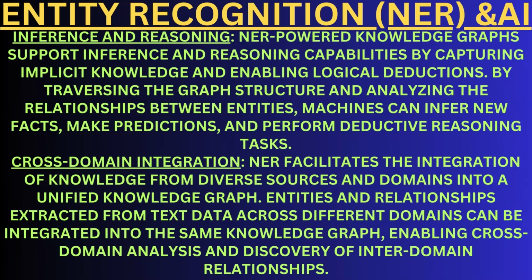Cross-domain integration. NER facilitates the integration of knowledge from diverse sources and domains into a unified knowledge graph. Entities and relationships extracted from text data across different domains can be integrated into the same knowledge graph, enabling cross-domain analysis and discovery of inter-domain relationships.